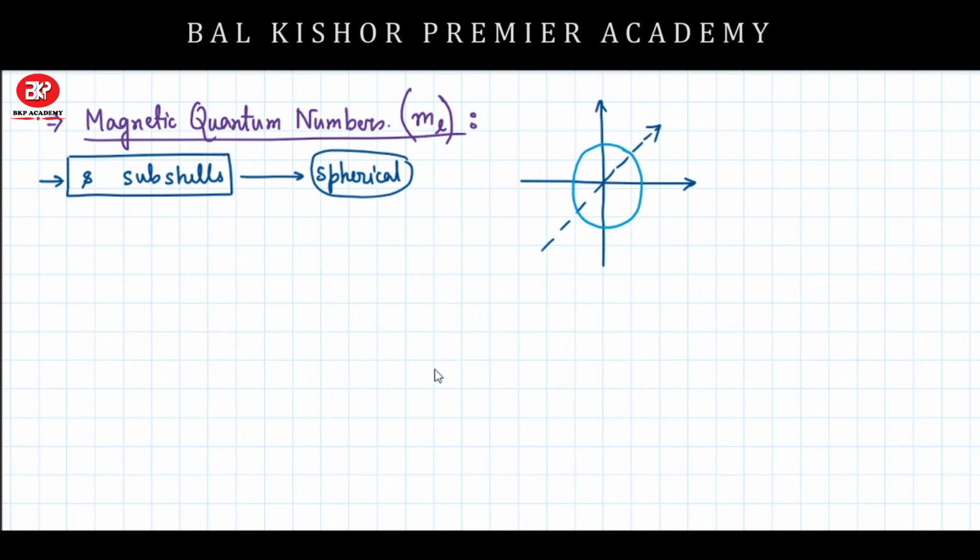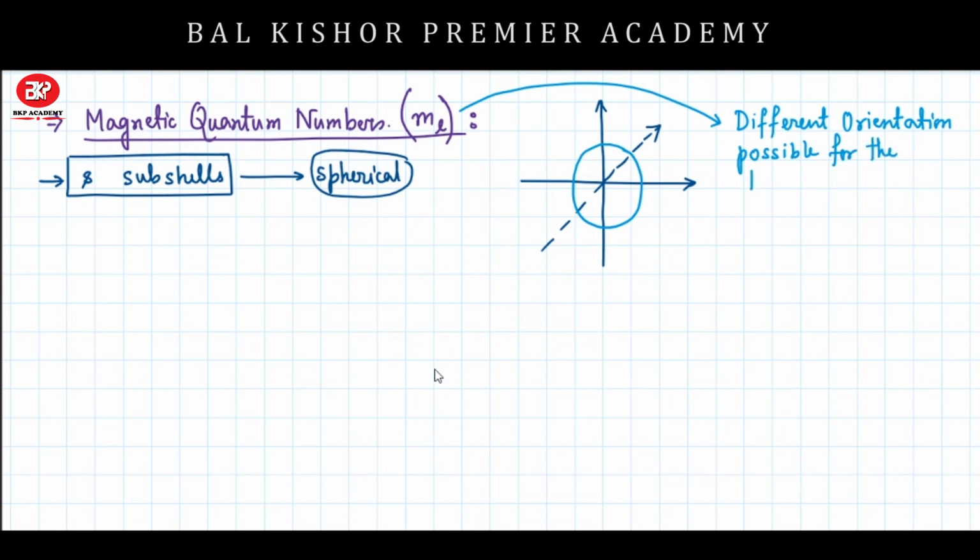Now, magnetic quantum number means how many different orientations are possible for the boundary surface plot.